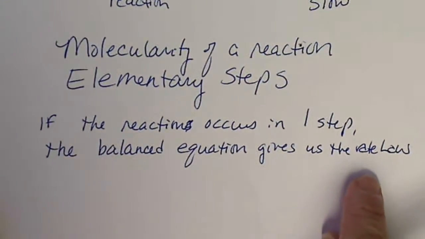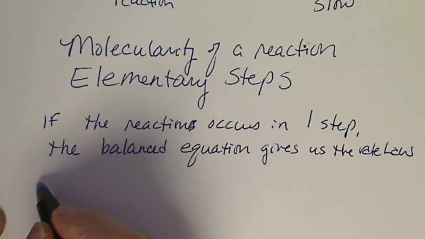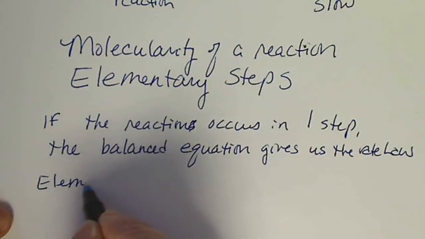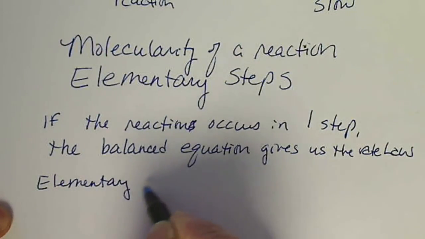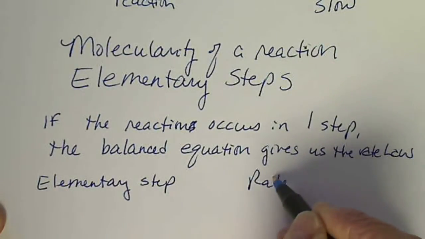So up to this point, we have just talked about looking at data and determining the rate law. So for an elementary step, I'm going to look at this here, and then we'll compare that to the rate law.